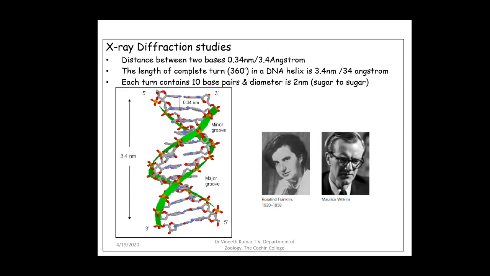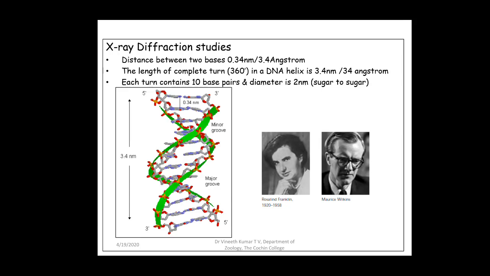To shed more light on the structure of DNA, Franklin and Wilkins used a powerful method called X-ray diffraction to analyze the DNA fibers. This happened in the early 1950s, and the DNA produces a characteristic X-ray diffraction pattern. From this pattern they deduced that the DNA molecules are helical with two periodicities along the long axis.